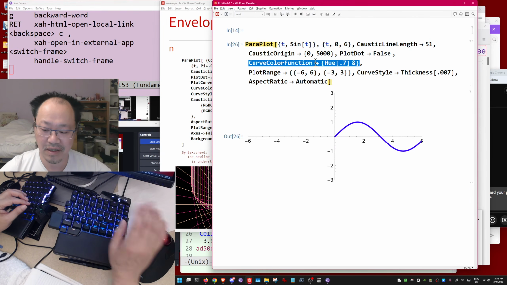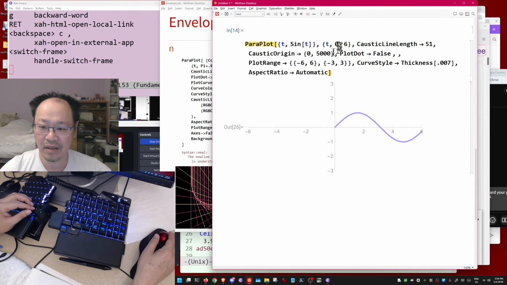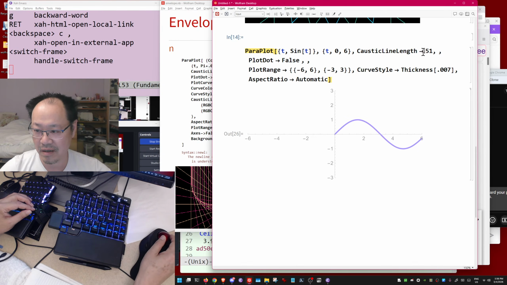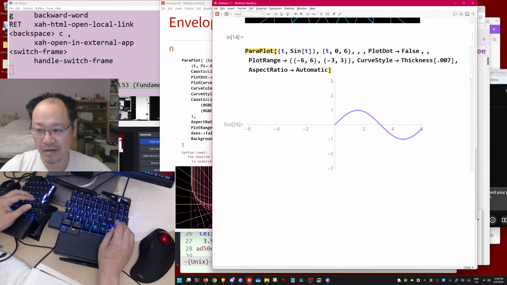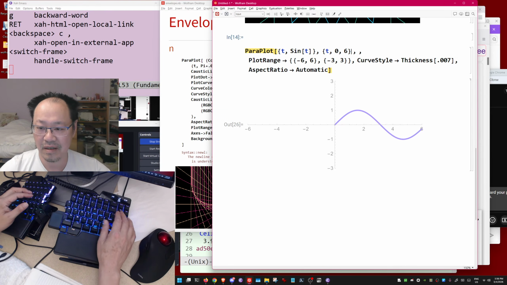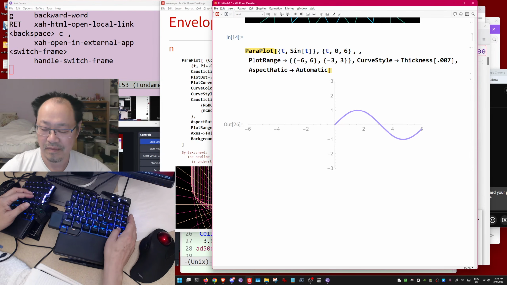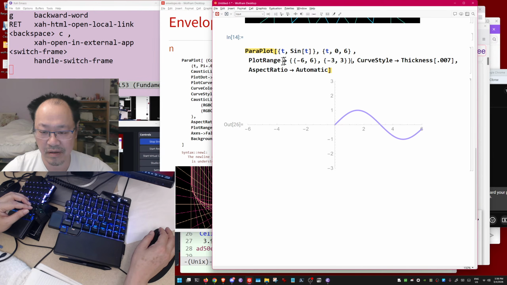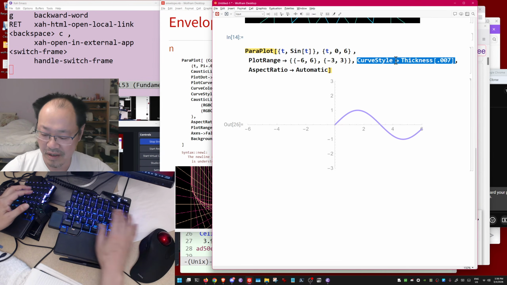Okay, now we just delete all this. Actually, we don't need this. We don't want caustic. Delete it. Caustic line length. Delete it. Plot dots. Force. Delete it. Plot range, actually, leave it. Curve style, we don't care.